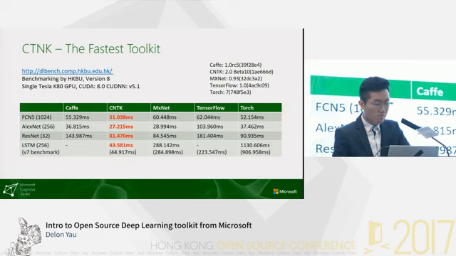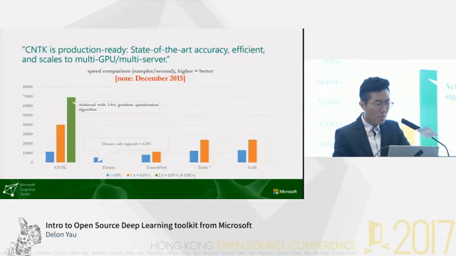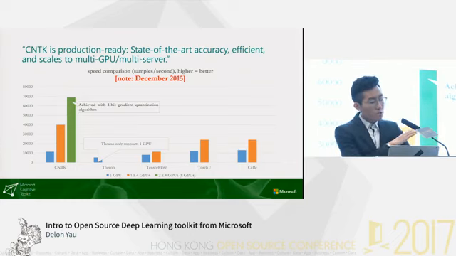It's production ready and very efficient, and we leverage the NVIDIA multi-core GPU to run all sorts of projects that we want to do. This shows you the processing power with different numbers of GPUs.